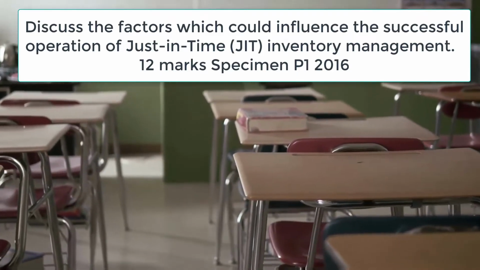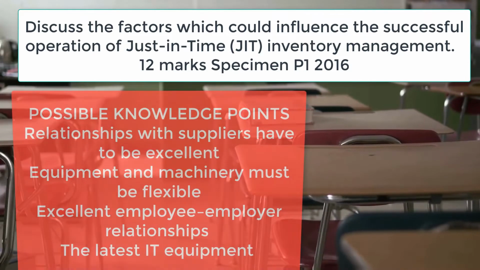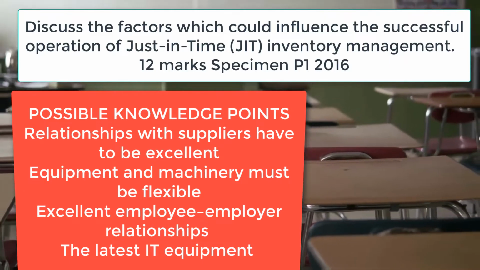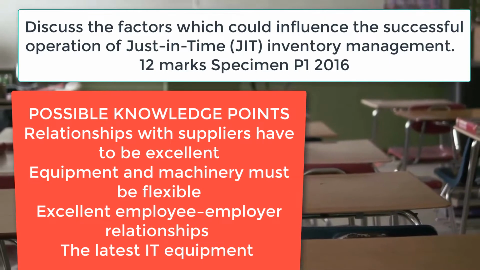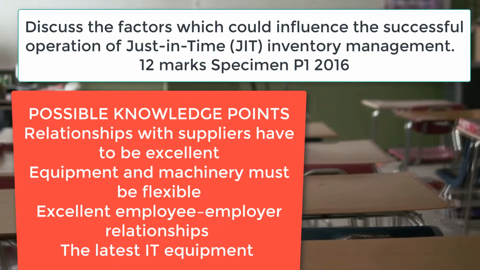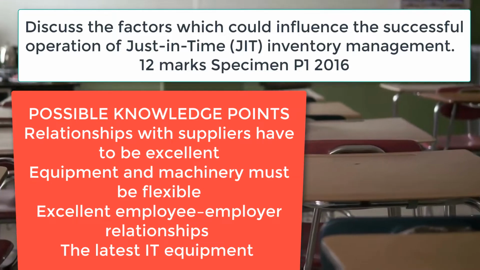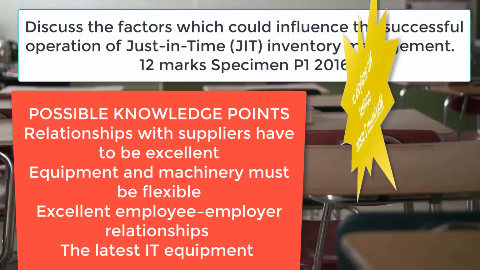We could use either of these 4 different factors to explain our answer: relationship with suppliers, the relationship between employees and employers, the latest IT equipment, and the flexibility of equipment. All of these factors will influence the successful implementation of just-in-time.